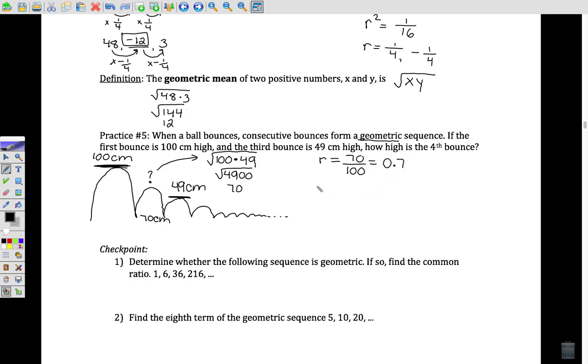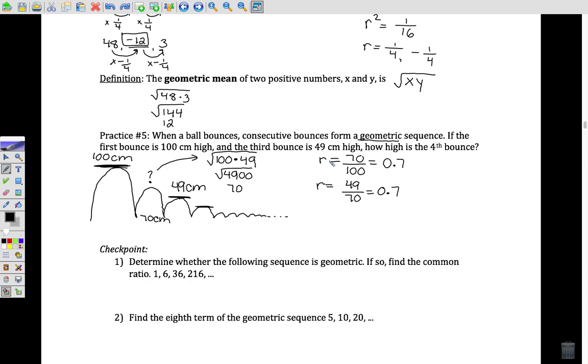And if I wanted to check it, I could also do 49 over 70. And that also gives me this common ratio of 0.7. So if I know my common ratio is 0.7, to find the next bounce, I just multiply the previous bounce by 0.7.